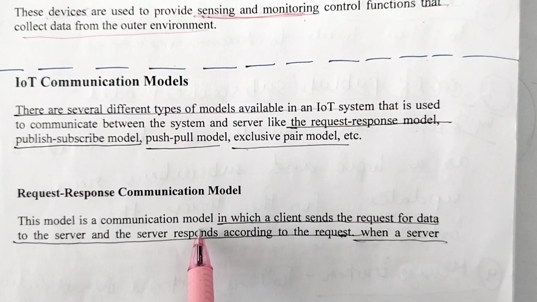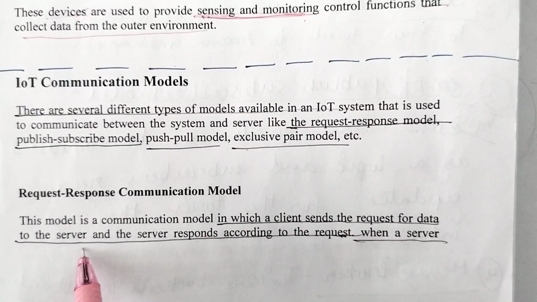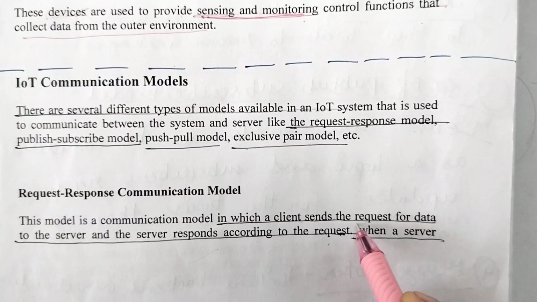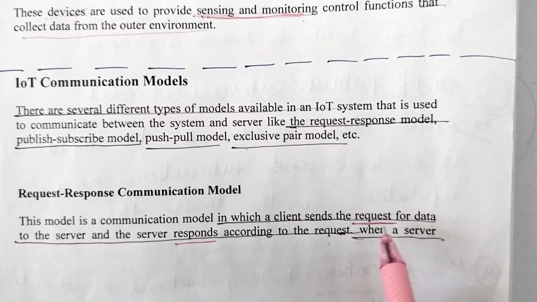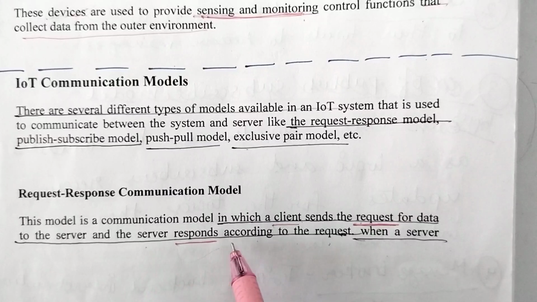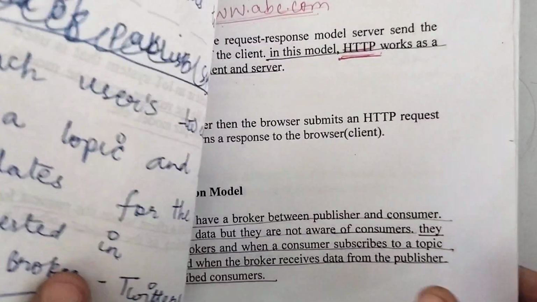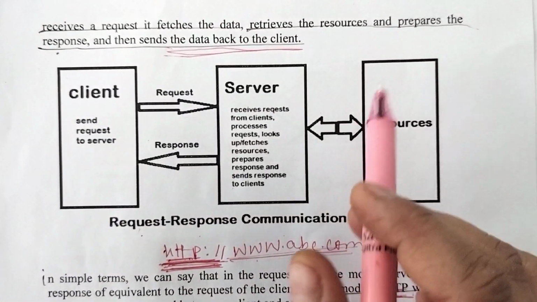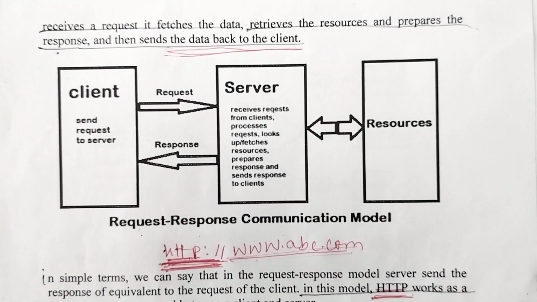This is a communication model in which a client sends the request for data to the server and the server responds according to the request. So in this request response model, the client sends the request for the data and the server responds to that request. When a server receives a request, it fetches the data, retrieves the resources and prepares the response and then sends the data back to the client.